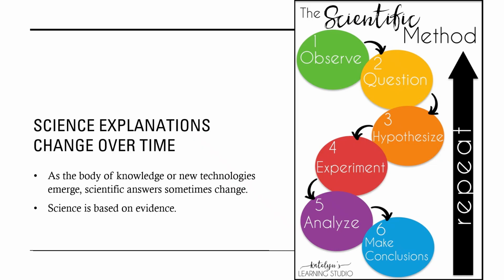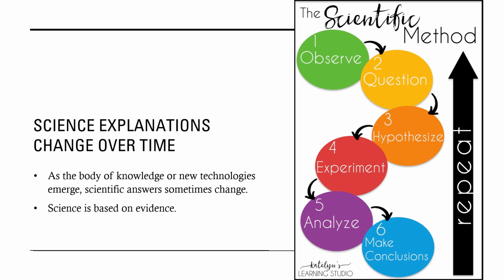So I mentioned that at the end of a scientific experiment, you either have a solid yes or a solid no. So it may surprise you if I also say science explanations change over time. Well, how can those two things be held in the same hand, right?